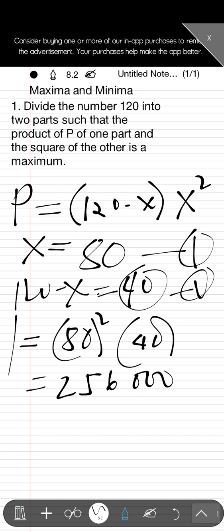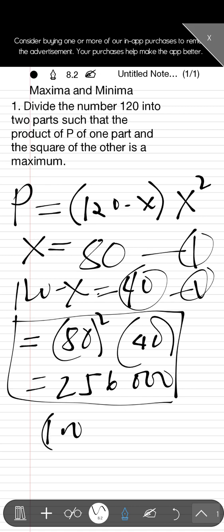So, pag i-multiply mo yung number na yon na 40 at saka square ng 80, the product is 256,000. You try daw. You try 100. 120 kung naka-maximize ang product. For example, 100 square times, of course, 20 na lang, di ba?